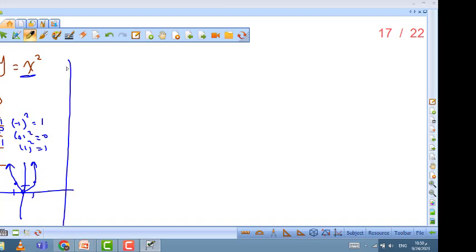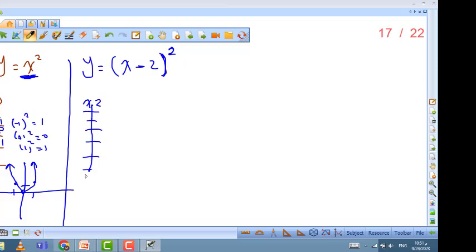Second, I need to move this function left or right. I need to move it with the opposite sign. If I make it x minus 2, for example, it means I move right 2. Where is the vertex? x moved.